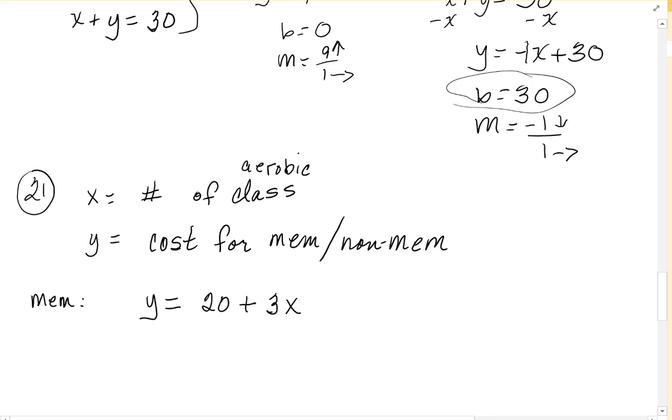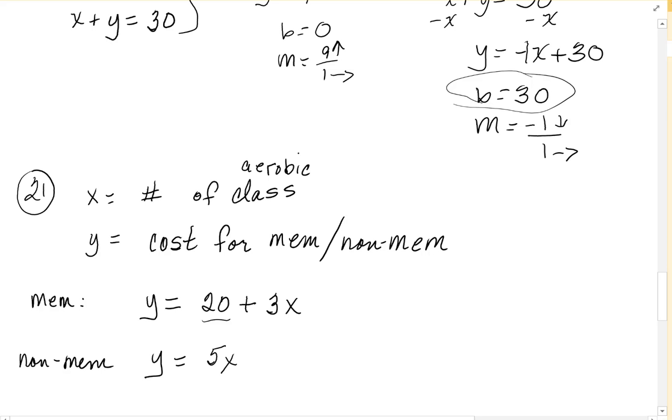The non-members, their cost, which is Y, they don't have a membership fee, but they pay $5 for each class.